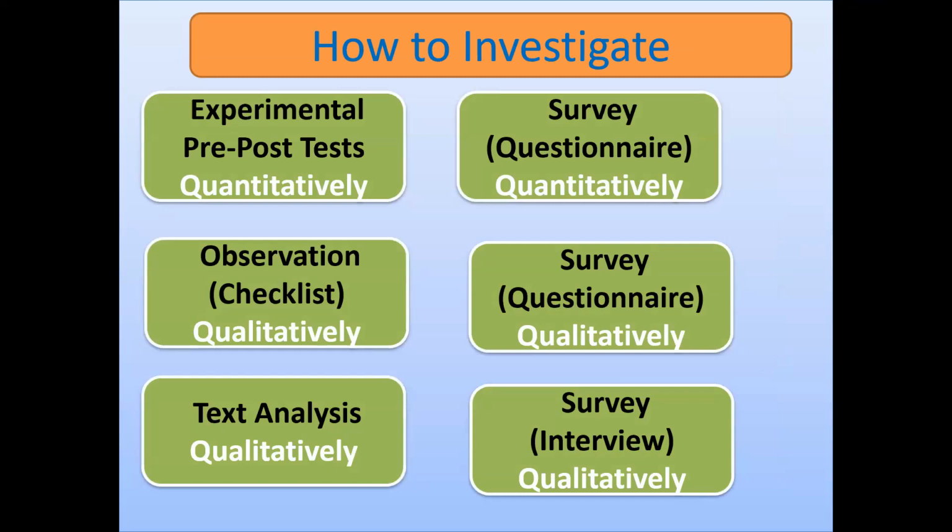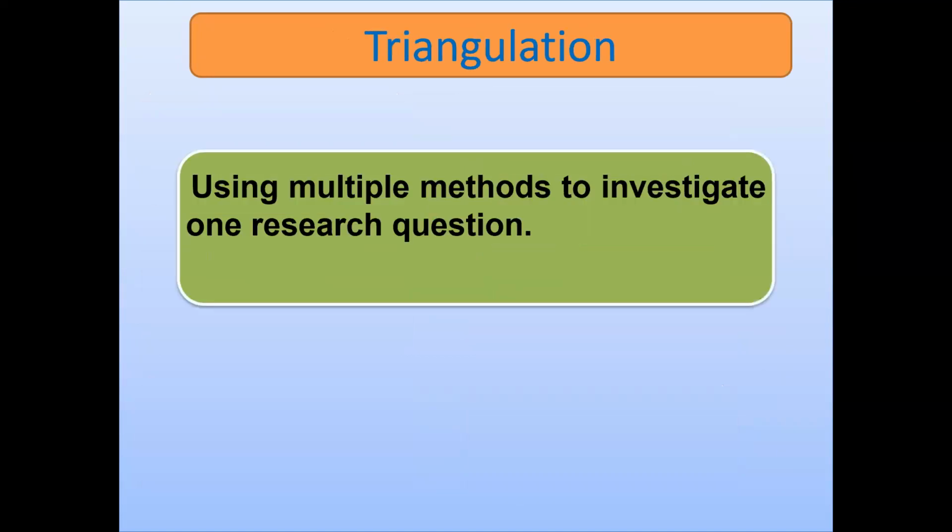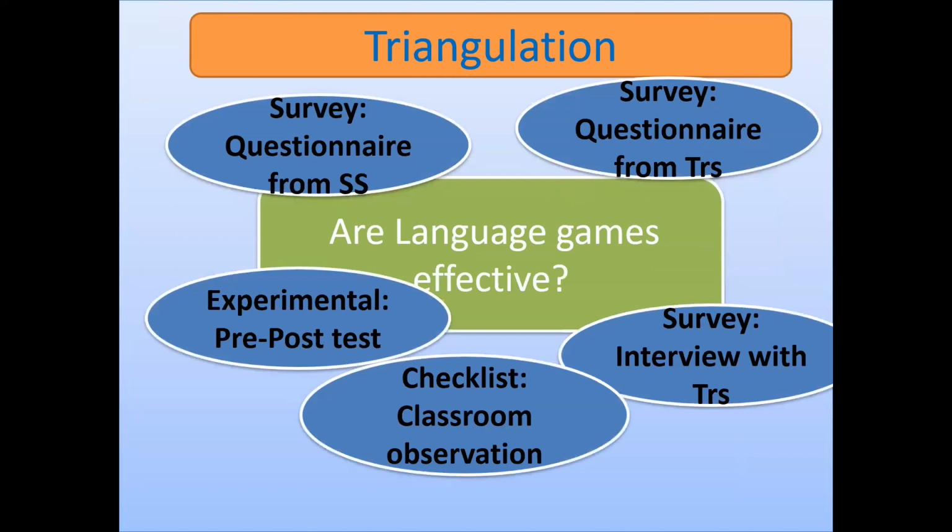We have discussed how to investigate quantitatively and qualitatively. Triangulation means using several methods to investigate one research question. Apart from the post-test information, we conduct interviews with the selected participants. Then we distribute a questionnaire, so that information is collected from different sources to investigate one research question.